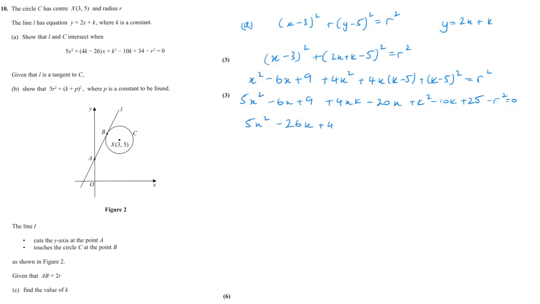Plus 4kx, and then plus k squared minus 10k, 25 and 9 gives me 34, minus r squared.